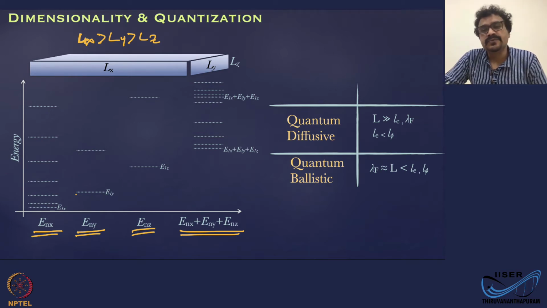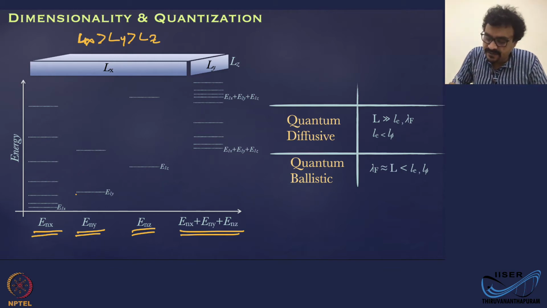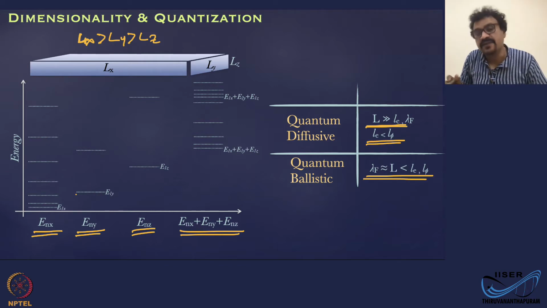Now, you might ask, what is the point here? What is the importance? The quantization, or observation of quantum transport features, which we have discussed in one of the introductory lectures, depends on these length scales, how they compare to the dimension of the system.